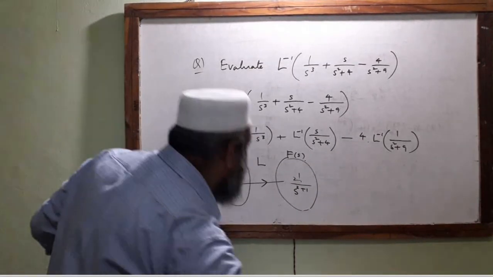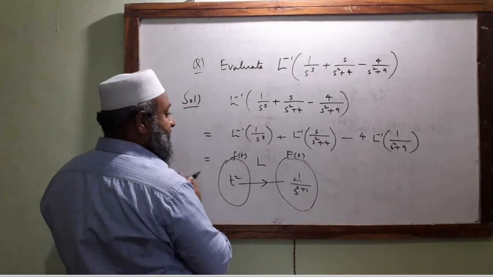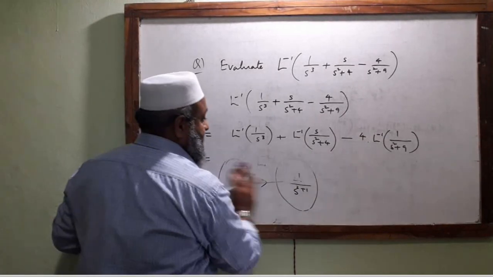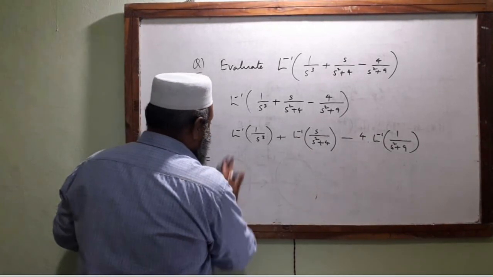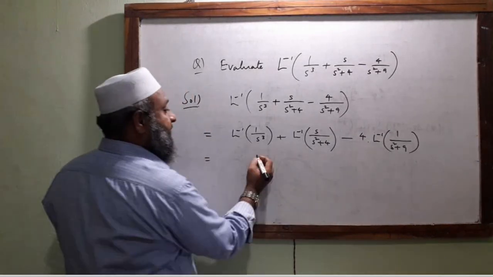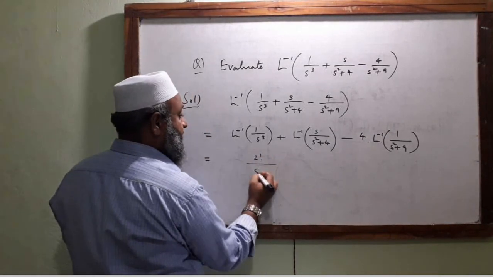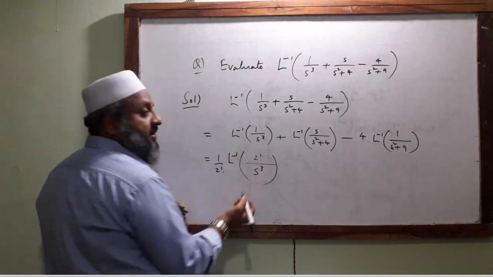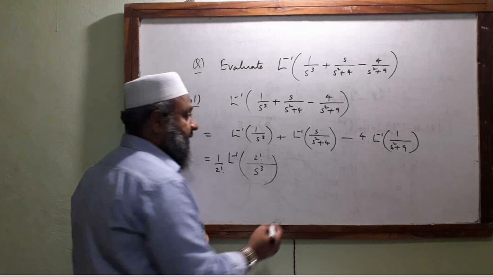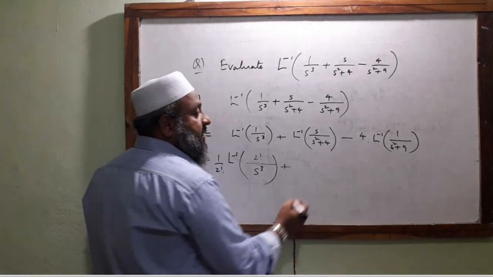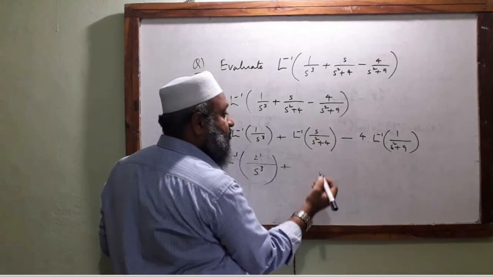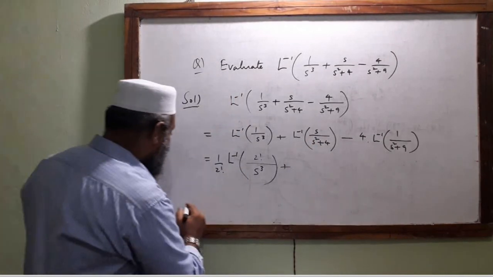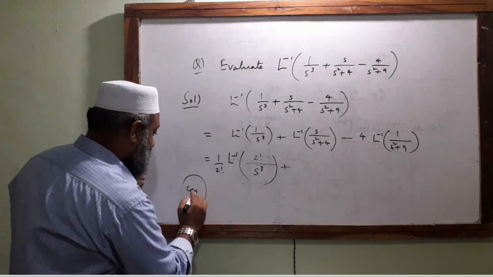So what I now do is, I will take 2 factorial inside. Okay, you got this idea. I will take 2 factorial inside s cube. I'll write L inverse, and then I will cancel this again using the linearity property. So plus, now when s is there, no constant is required, so it is directly the transform for cos 2t.